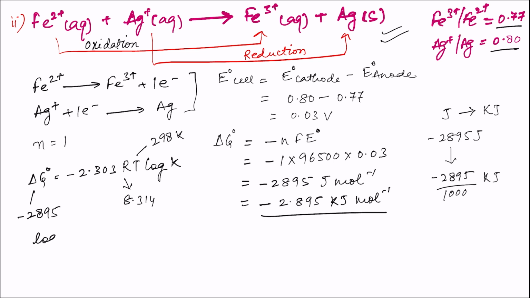Putting the values, log K is equal to 0.5073 and antilog 0.5073 will give the value of K, which is equal to 3.2.